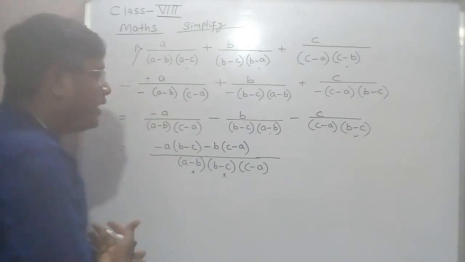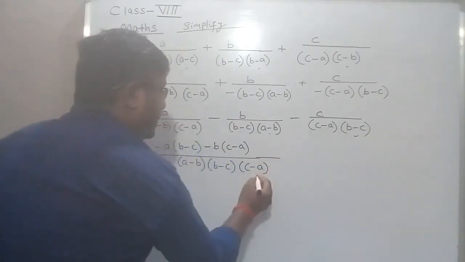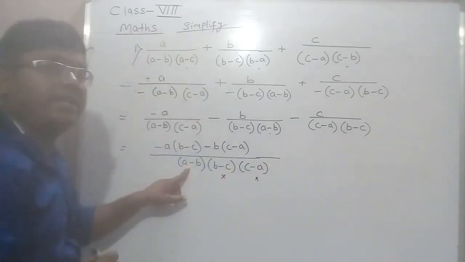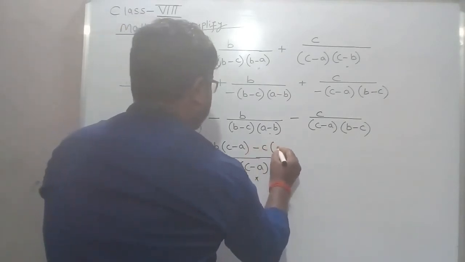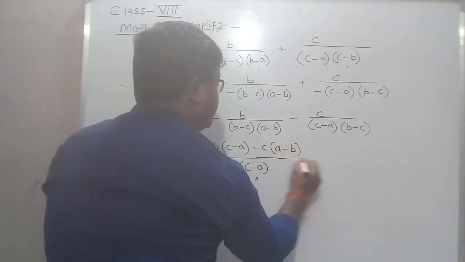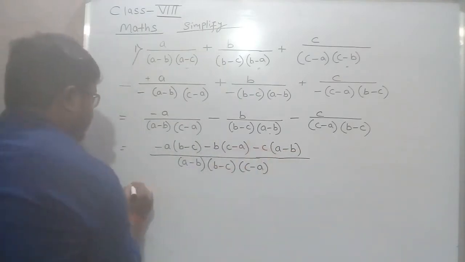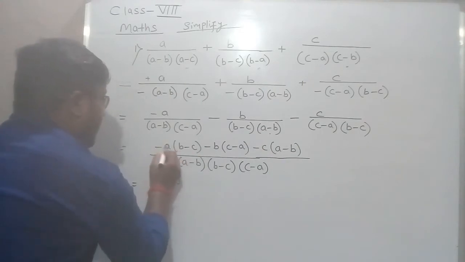Now for the last one also, C minus A is cancelled, B minus C is cancelled. What is remaining here? A minus B, that is multiplied with minus C, that is minus C into A minus B. So now our next step is just to multiply it. Minus AB: plus into plus is plus... minus into plus is minus, A into B is minus AB.